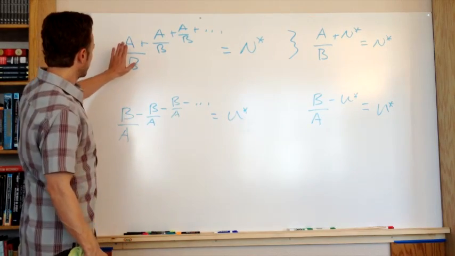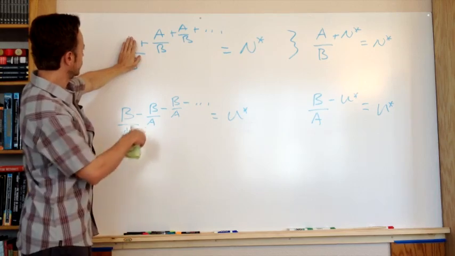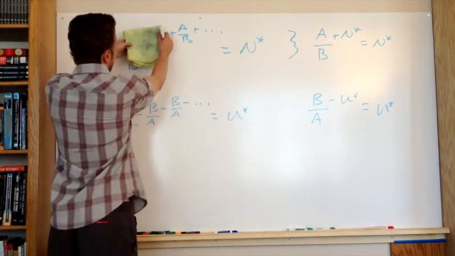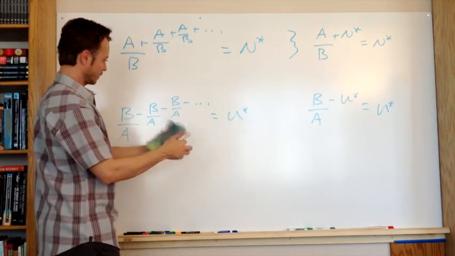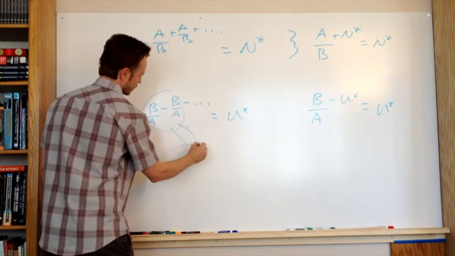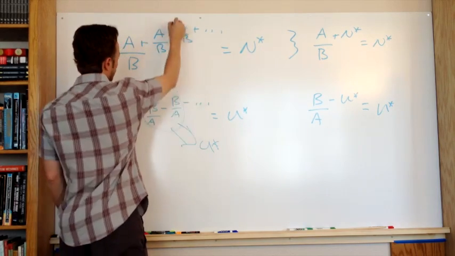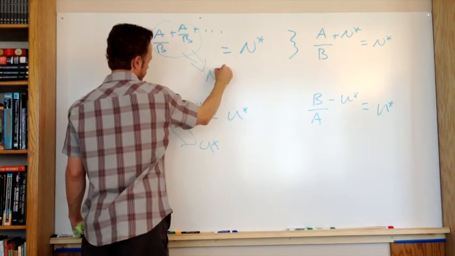Given that whether we cover up this part of this continued fraction or this part, or the same for this, we can get the same value in the same way, we can let this go to u star and this go to n star.